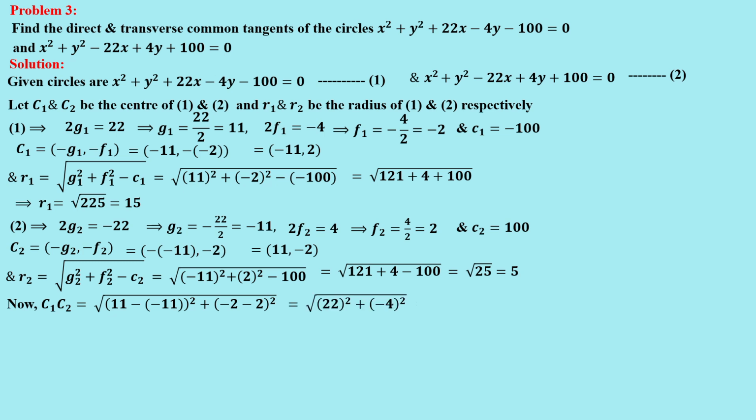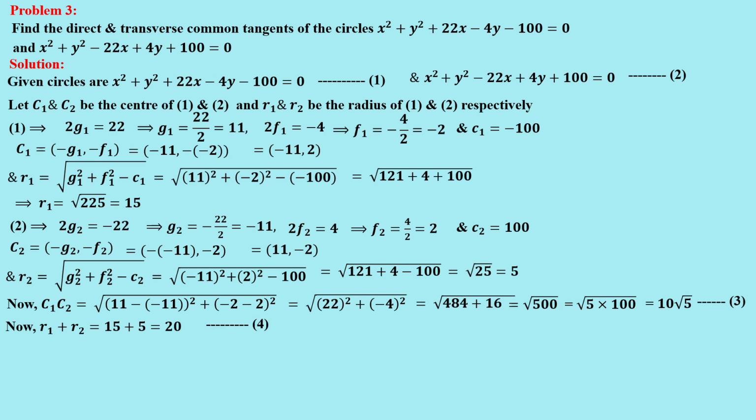So you will get root of 500, that is 5 into 100, that is 10 root 5, right? So that is equation number 3. Now r1 plus r2, the sum of the radii of the two circles, 15 plus 5, is equal to 20, that is equation 4.